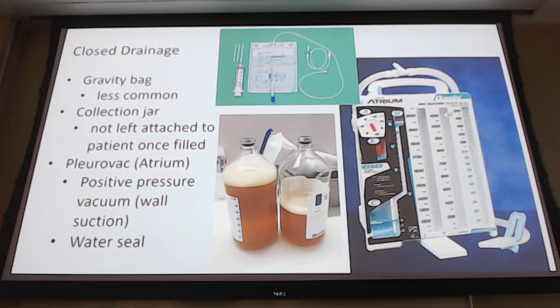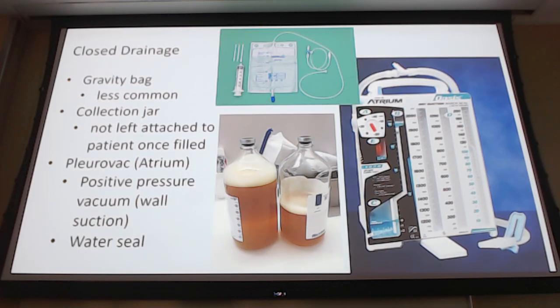And then we have the atriums, which are most common in traumas and or post-surgery. Okay, it again has positive pressure. Okay, we can hook it up to wall suction, or we put this fluid, basically sterile water, into this part of the atrium, and it does not allow air to go back up into the patient. So we call it a water seal. So it's not necessarily on suction anymore.